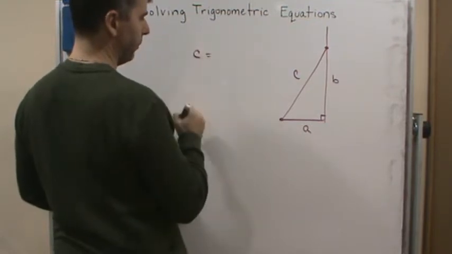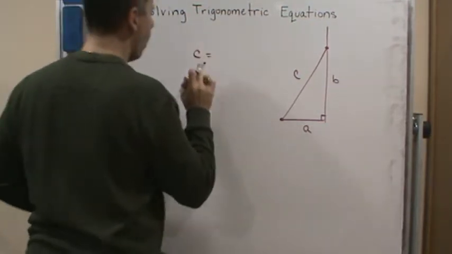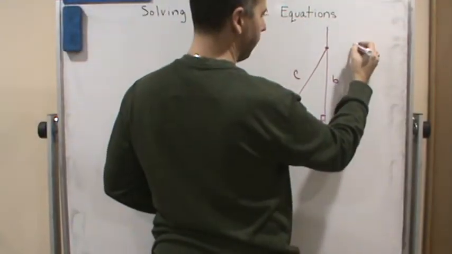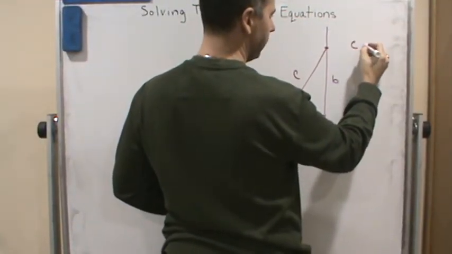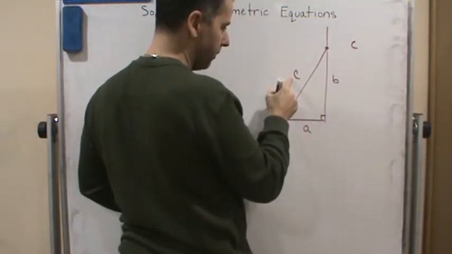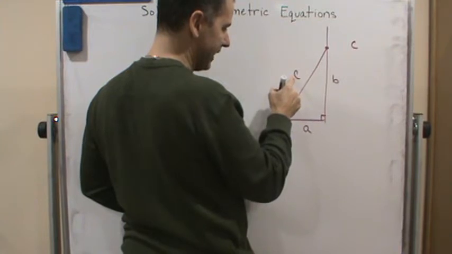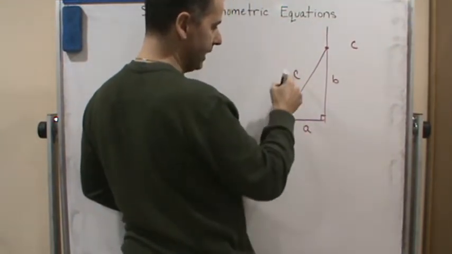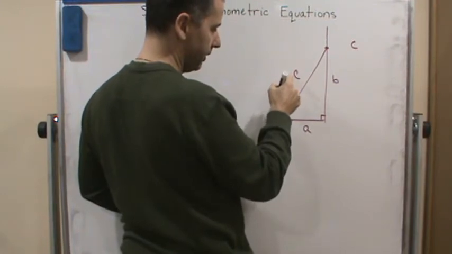So that would mean, let's do it over here. That would mean that C, whatever this length is, A has to equal 1/4 of this length, right?